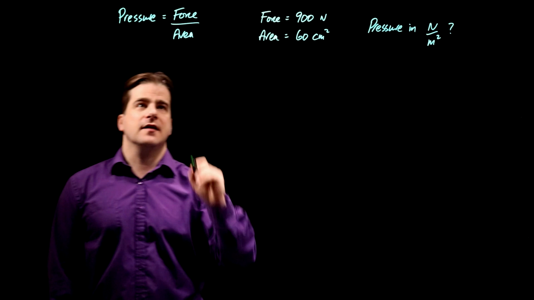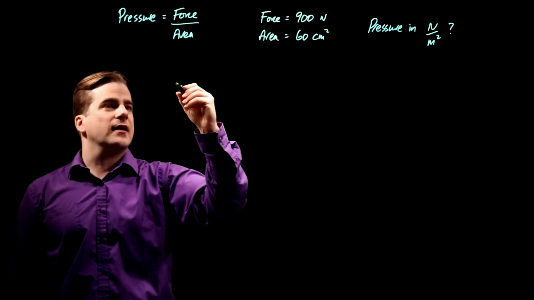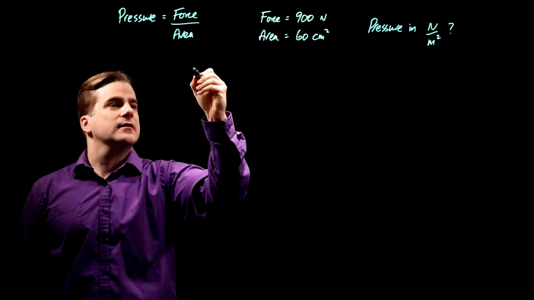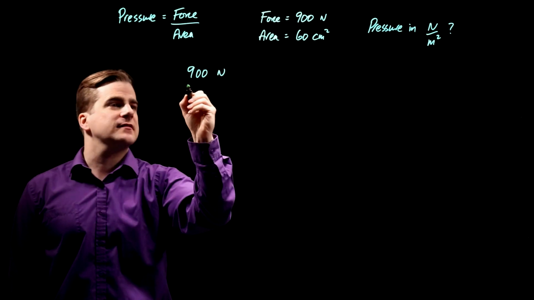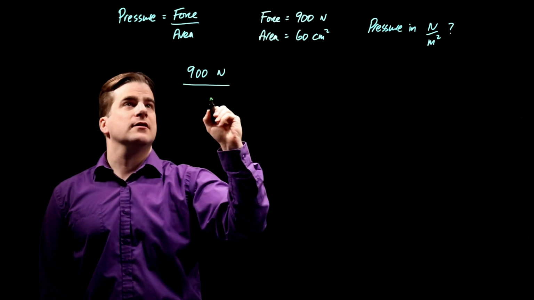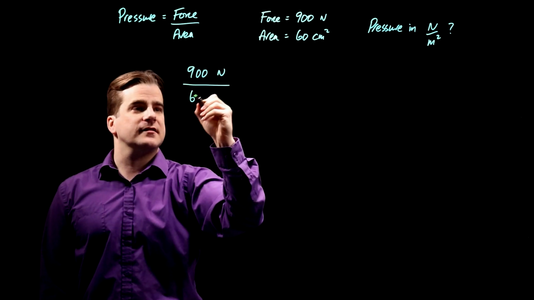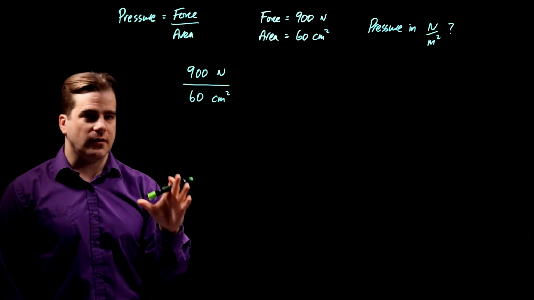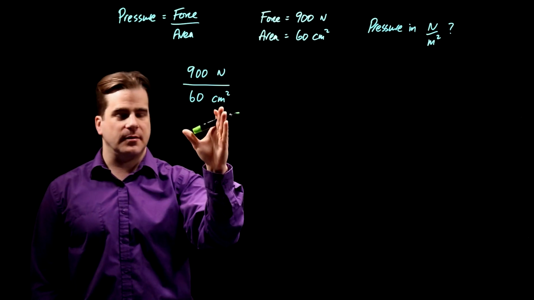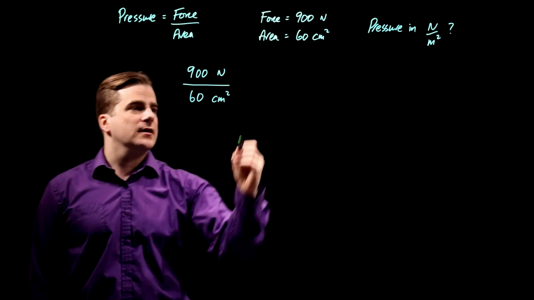Okay, so pressure is force over area. So the answer is going to be 900 newtons, and I've got to include the units so you can see what's going on, divided by the area of 60 centimeters squared. Include the units so you can keep track of whether you're in centimeters squared or meters squared.